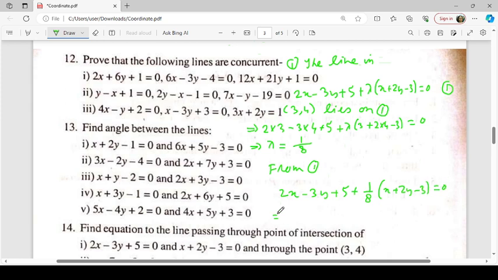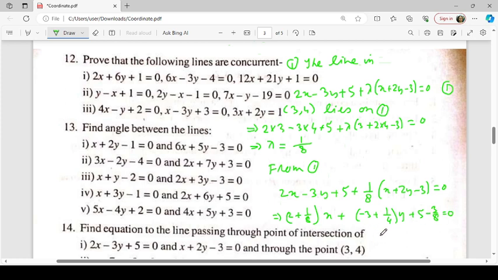So the coefficient of x is 2 plus 1 by 8, x, plus the coefficient of y is minus 3 plus 2 by 8, which is 1 by 4, y, then plus 5 minus 3 by 8 is equal to 0.